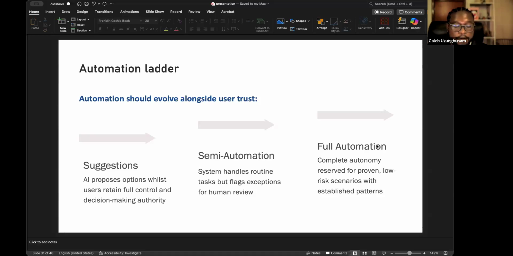So we've often seen that users will try little things in chat, like regular chat, and then maybe a week later or 2 weeks later, they realize that, oh, I could combine these different things into an end-to-end workflow and then actually automate it. And that's when they can trust the workflow builder within the product to automate different aspects of their day-to-day work. So automation should evolve with user trust.